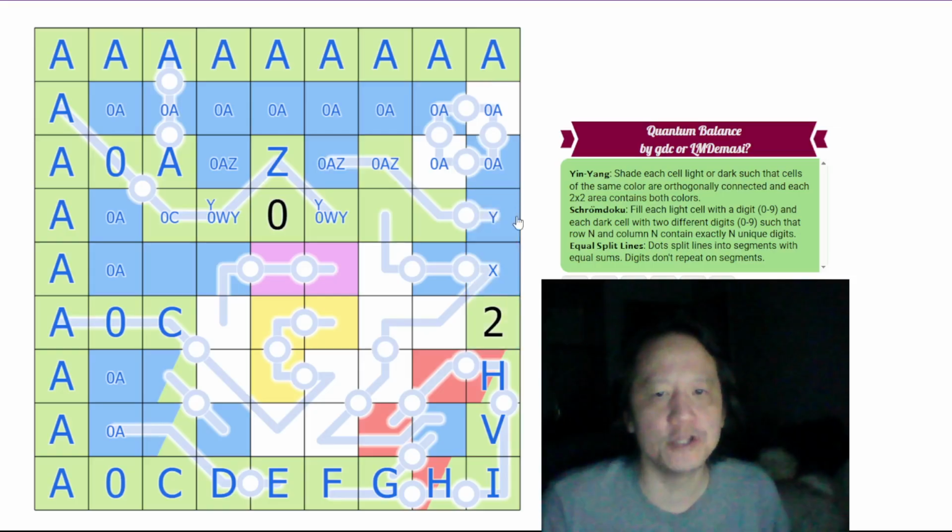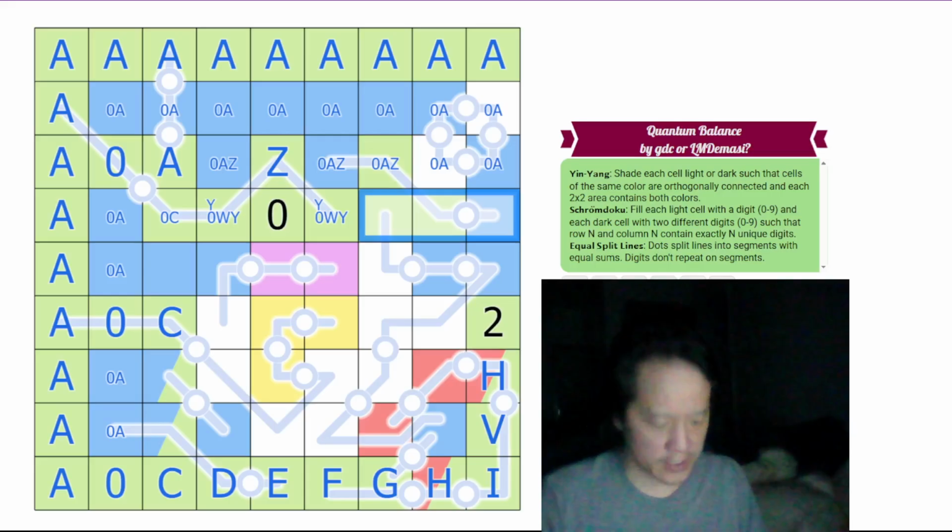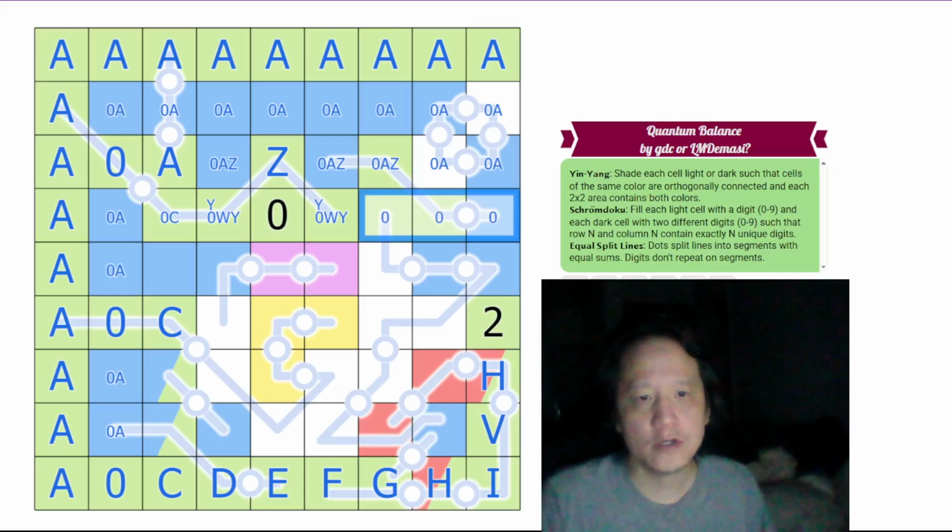We have one unique digit here. Y and X. Actually, we don't even know these. This can only be... So this is only 0. So 0, we have... The possibility is of 0, A, W, or Y here. So C is essentially W or Y, assuming that if it's here.